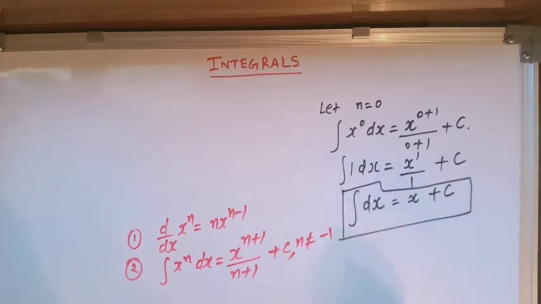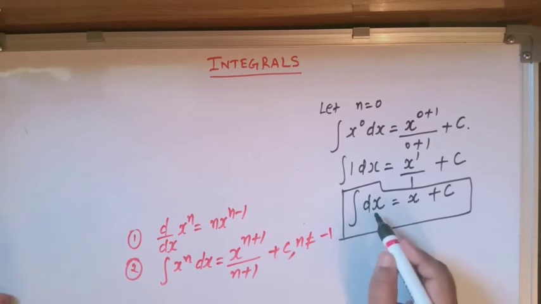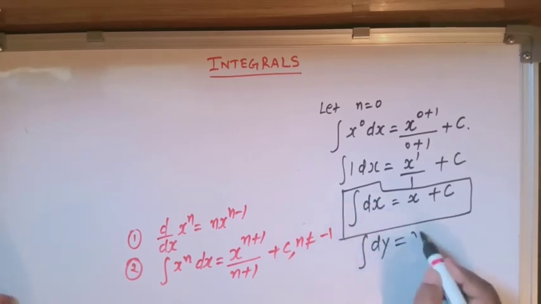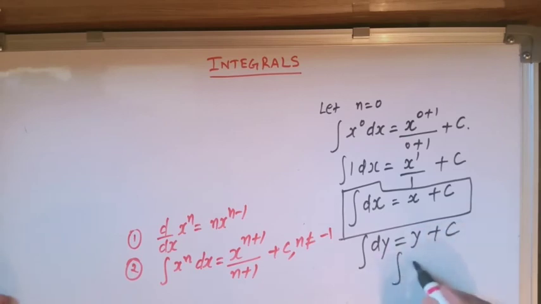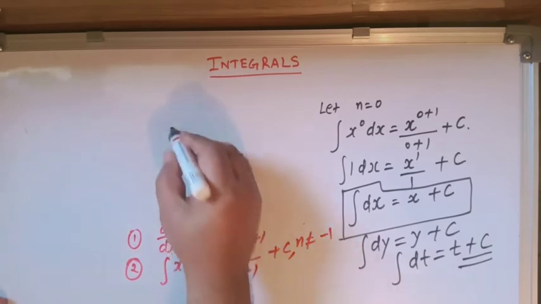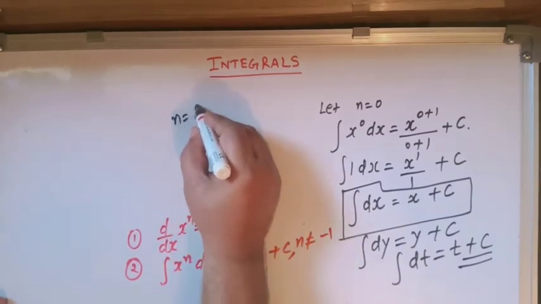Clear? Similarly, we can write the integral of dy as y plus c, or the integral of dt as t plus c. Clear? Now yes, let us write n is equal to say 2.